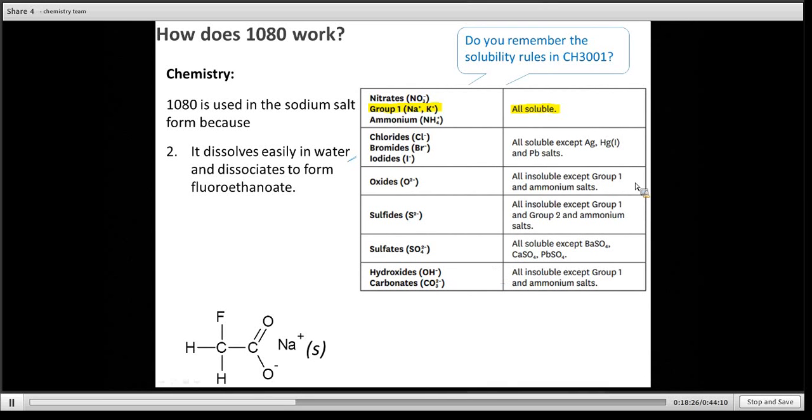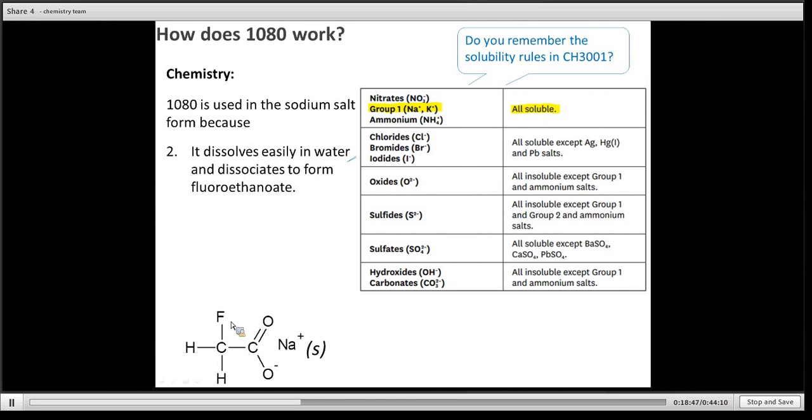So sodium fluoroacetate, because it's a sodium salt, it will be soluble. What did not appear also in this table, though, is actually acetates or ethanoate salts are also all soluble. So this is a soluble ion and that is a soluble ion.